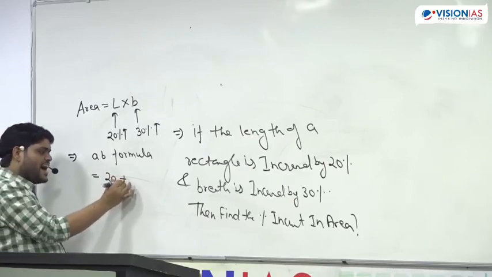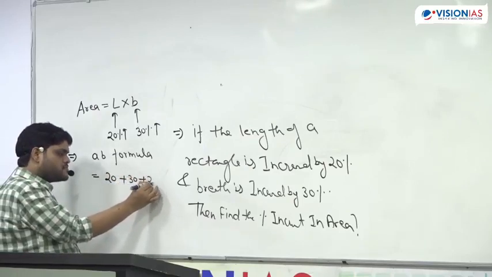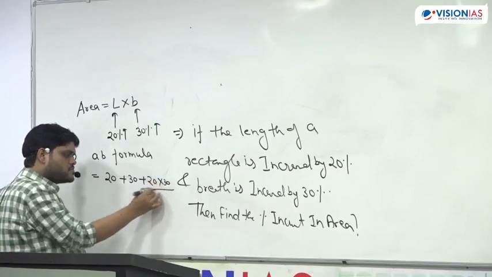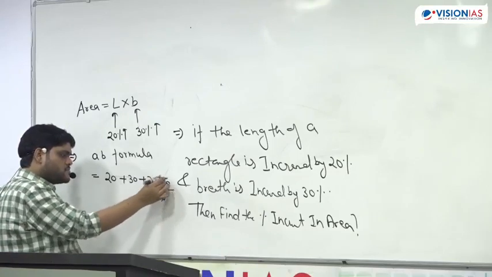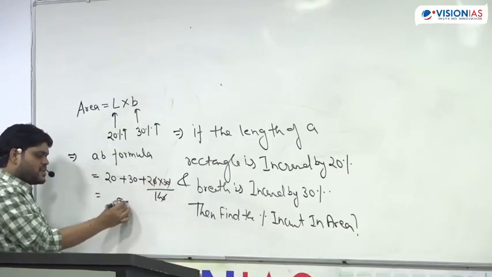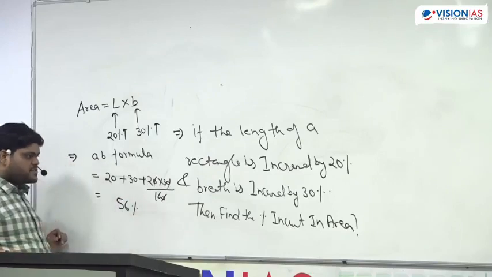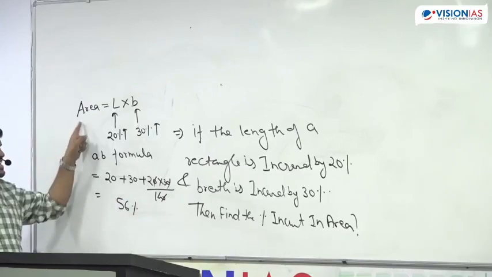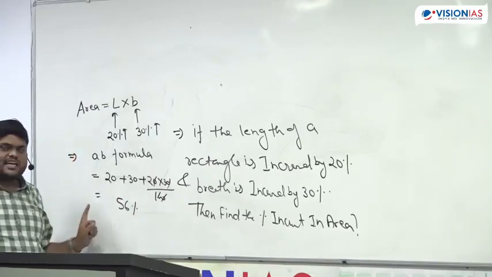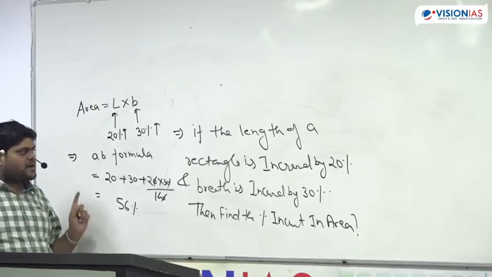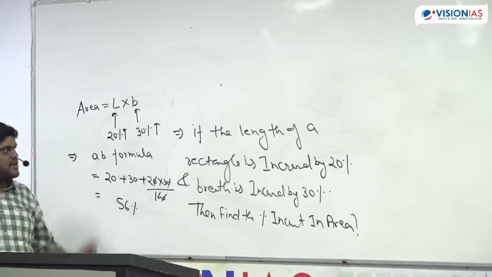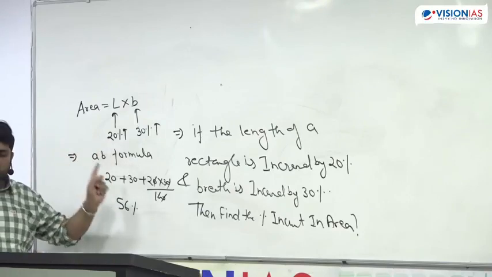So we will add the values, and this will come as 56%. That means a positive sign is coming, so the area will increase by 56%, because this is a case of successive increment.